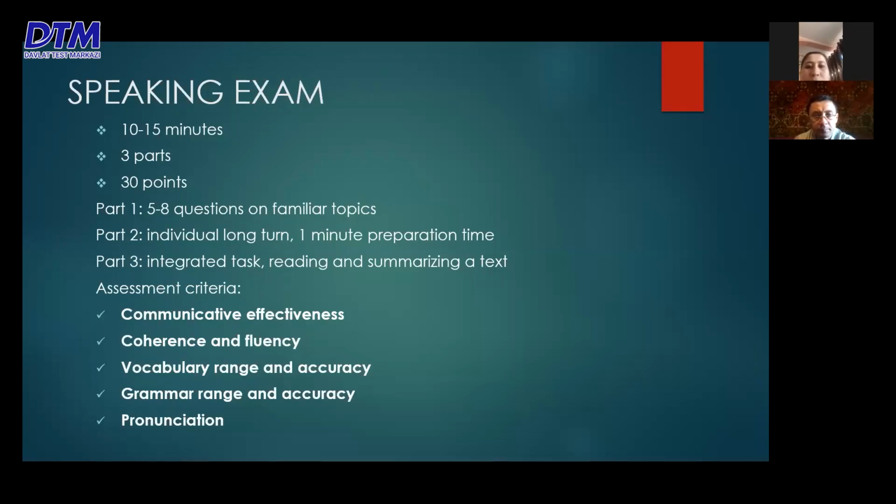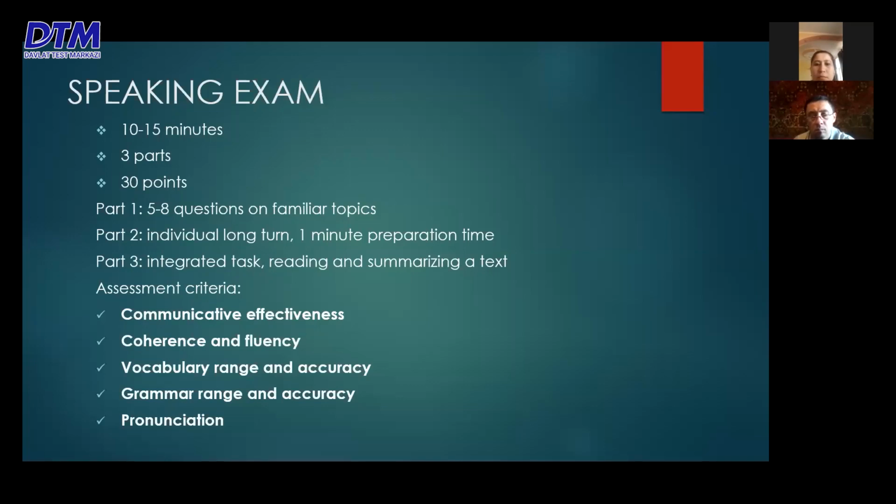As you know, the speaking exam has 3 parts, part 1, 2, and 3, and you can earn a maximum of 30 points. During part 1, you'll be given 5 or 8 questions. It varies, and you'll be asked questions about your family, your work, your friends, and other familiar topics. Many candidates find it easy to participate in CEFR part 1.